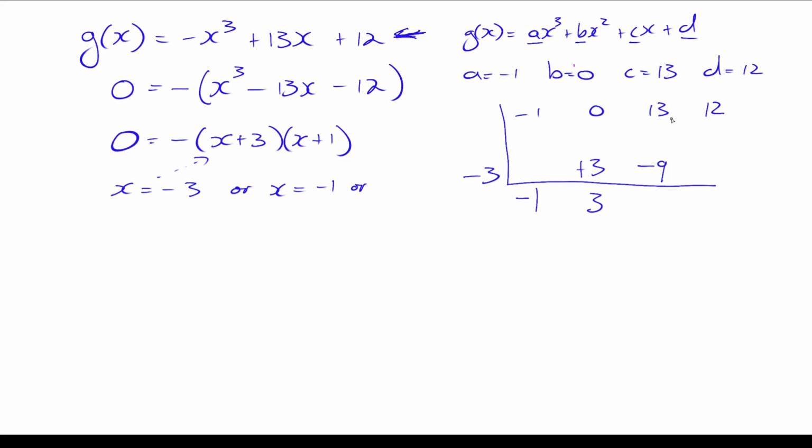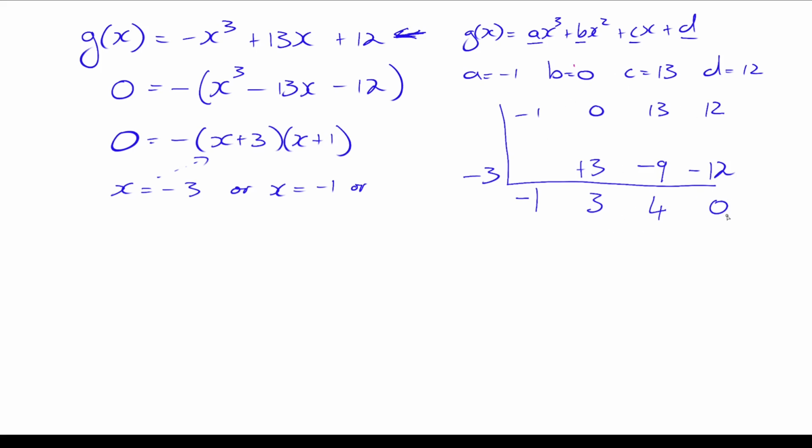Bam. And then we go 13 minus 9 gives me 4. And we have negative 3 times 4 equals minus 12. 12 minus 12 gives me 0. You have to get a 0 here. If you don't, it means you did something incorrectly and you need to go and find your mistake.